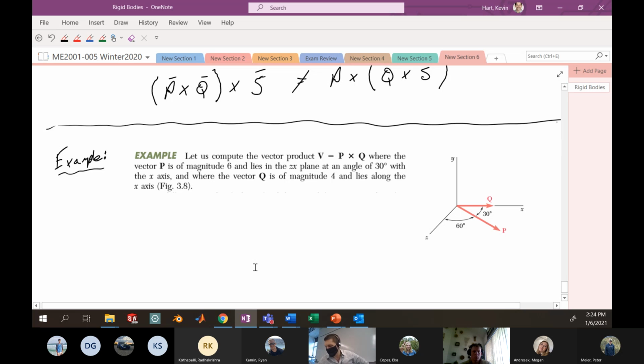So we're going to compute the vector product, or the cross product, P cross Q, where the vector P is of magnitude 6 units. There's no units here, so we'll just call it 6 units. It lies in the ZX plane, at an angle of 30 degrees with the x-axis, and Q is of magnitude 4 and lies along the x-axis. So Q is 4 and P is 6. Okay, so we know the general magnitudes of these.